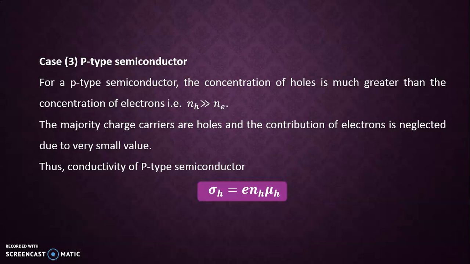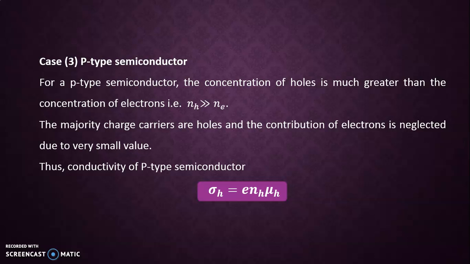sigma of a p-type semiconductor, that is conductivity sigma suffix h is equal to e into n suffix h into mu suffix h.